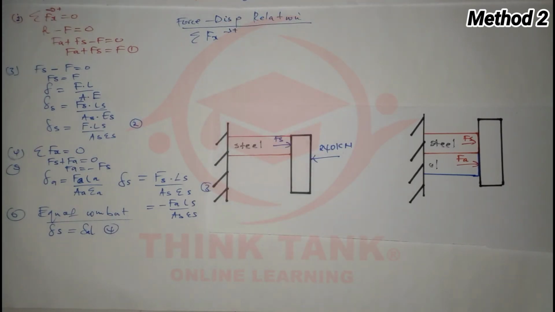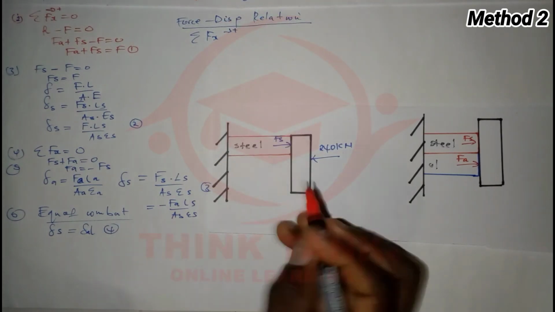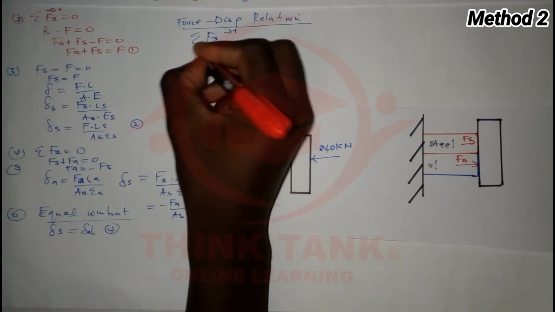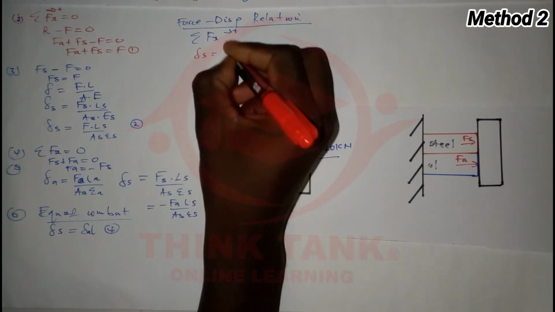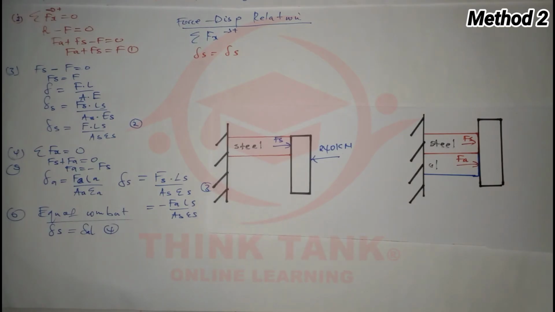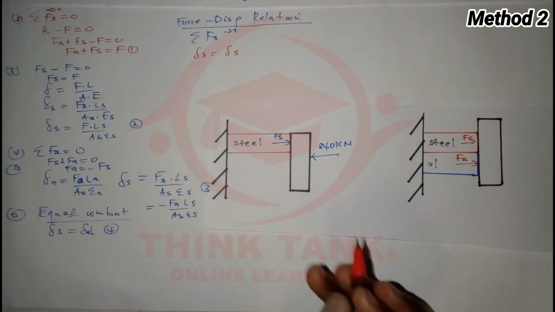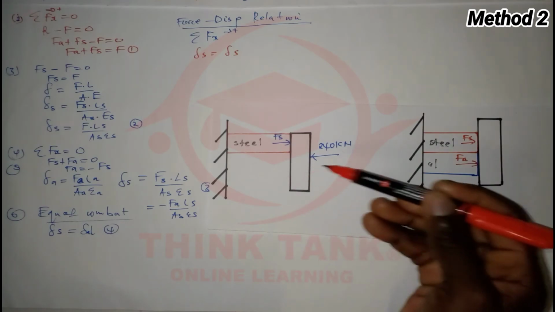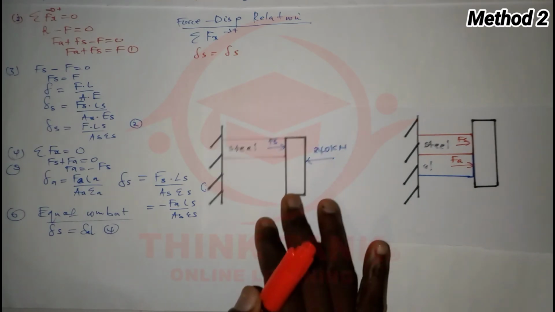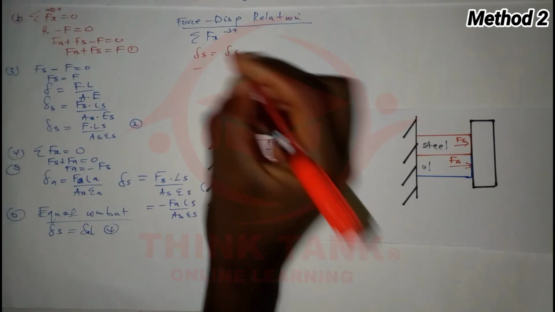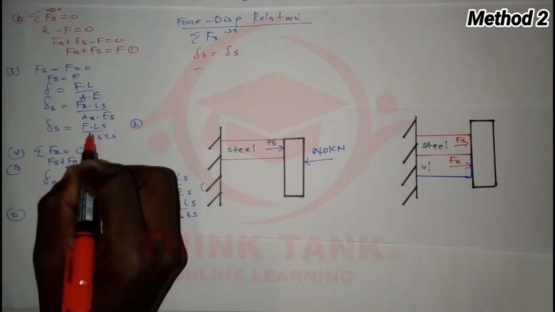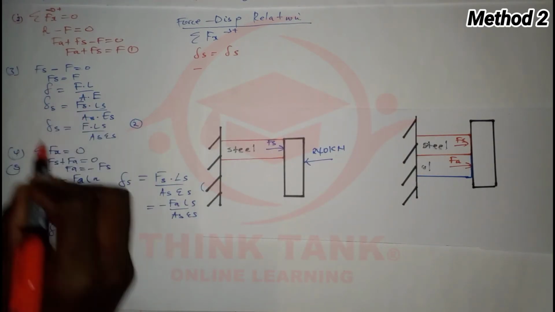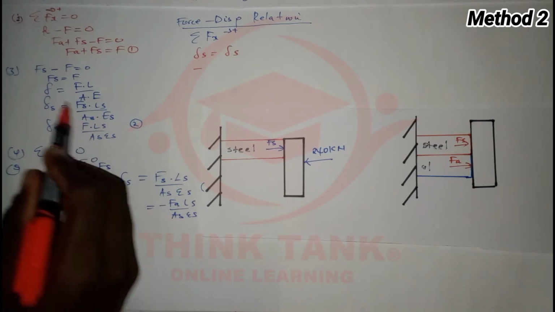So let's take a closer look. We said the change in length of the steel should be equal to the change in length of the aluminum, right? And on the steel, we're going to have a negative, since the F, or 240 kilonewtons, is going to shorten it. So it's going to be negative, and this is the displacement due to that force.